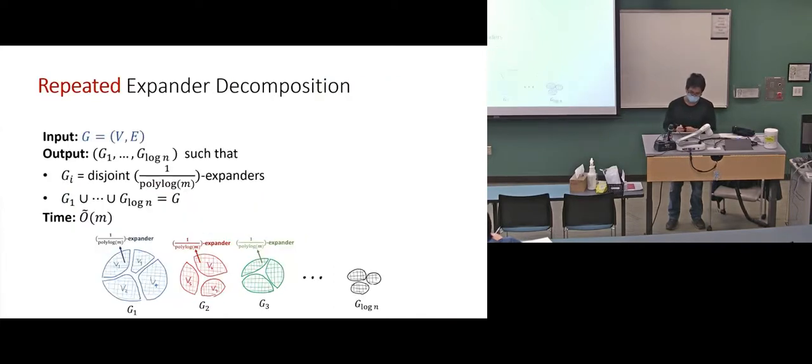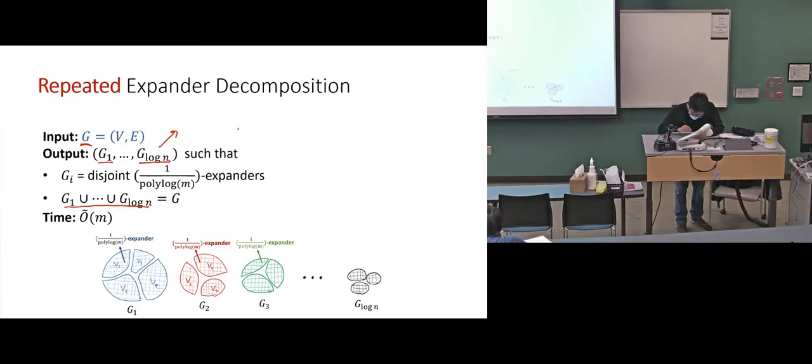Okay, so let's conclude what we get from this procedure. You start with some graph, and you will get log n many graphs. Each of these graphs are edge disjoint.